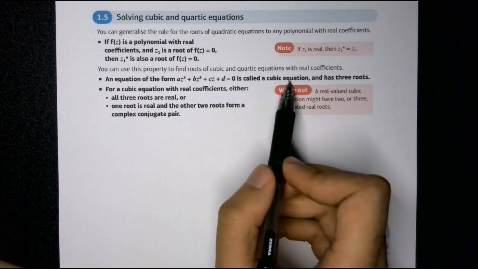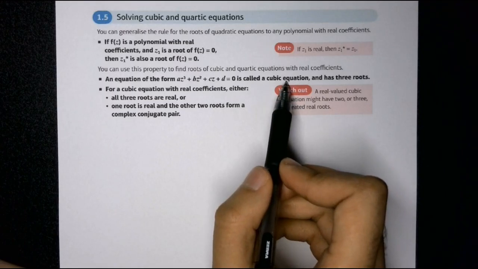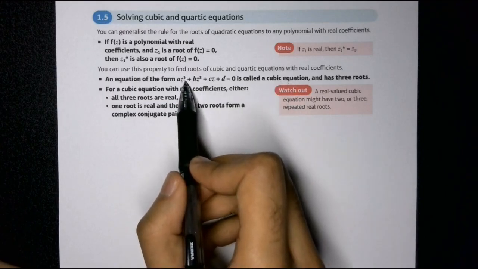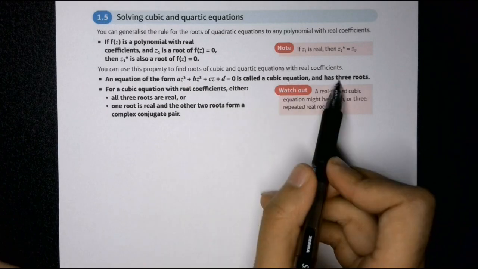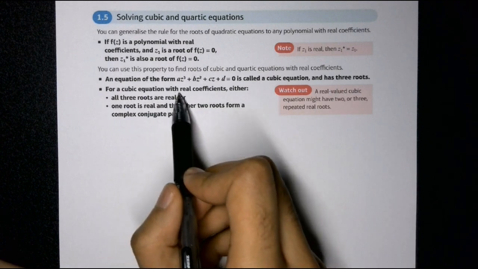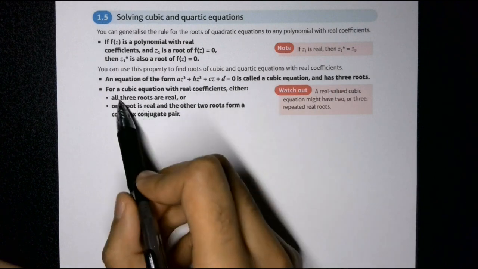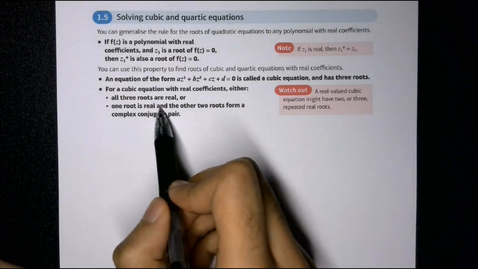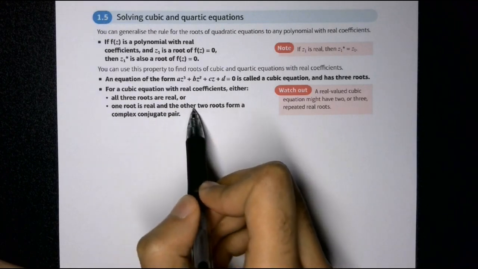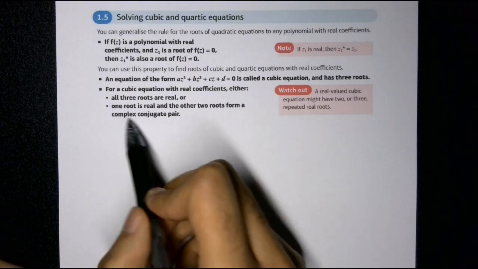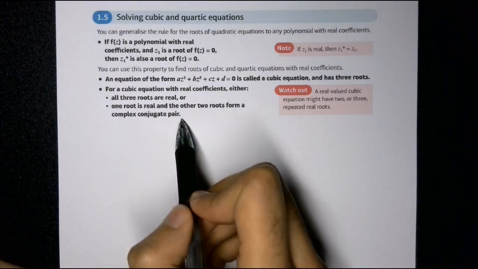Of course, the highest degree is 3, so we have a cubic equation, and for a cubic equation we have 3 roots. For a cubic equation with real coefficients, either all 3 roots are real, or one root is real and the other 2 roots form a complex conjugate pair.